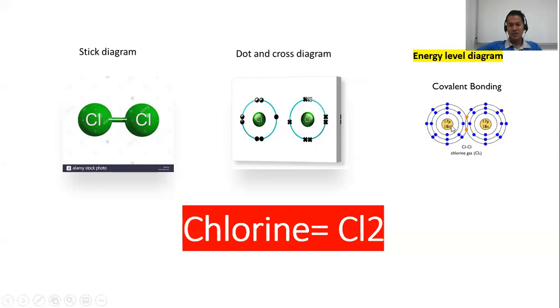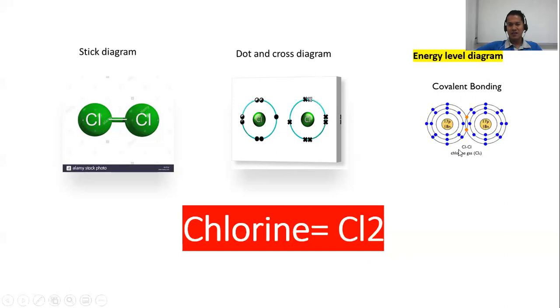Are they happy? Yes. How about for this atom? We're going to start right here. 1, 2, 3, 4, 5, 6, 7, 8. They shared, remember? So for this atom, it's 8, the maximum of 8. So they're both happy.